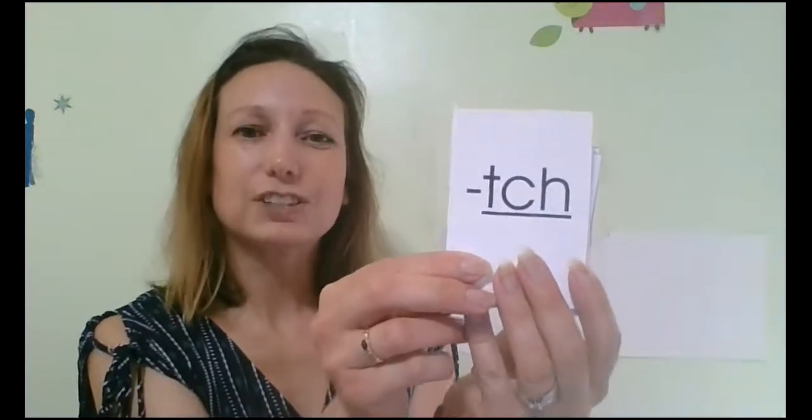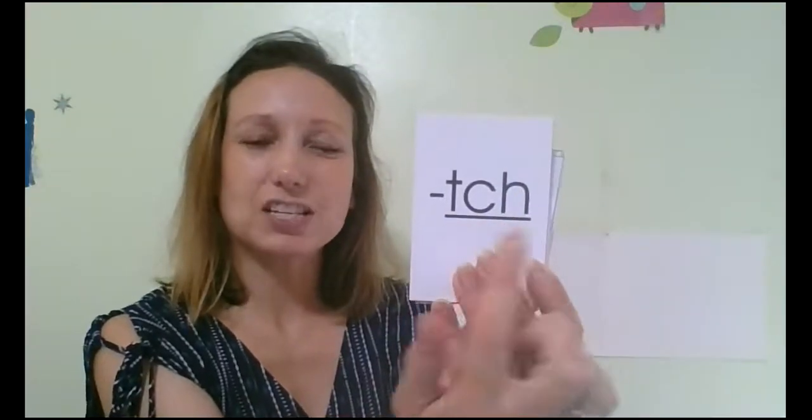Now let's do our letter sounds. This is what we started in our last lesson. AR says R. Or O. I. Ch. And remember, we use TCH, long spelling, right after a short vowel.